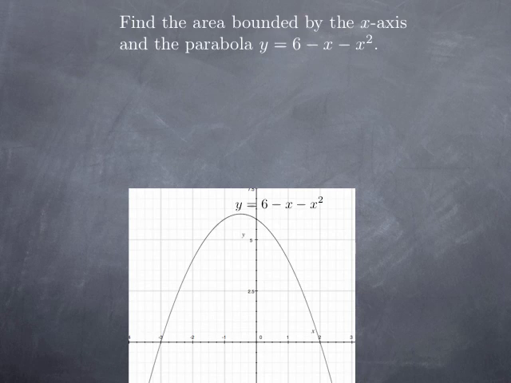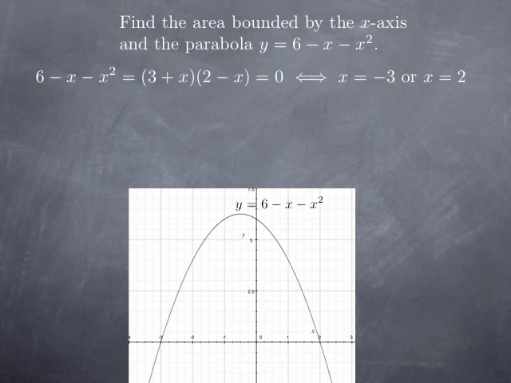Now the intersection points here between the parabola and the x-axis are important. On the picture it looks like they are negative 3 and 2, but we can verify that by finding them explicitly, calculating what they are. And to this end, we set the function equal to 0, because the intersection with the x-axis is where y equals 0, so we set y equals 0 in the equation of the parabola.